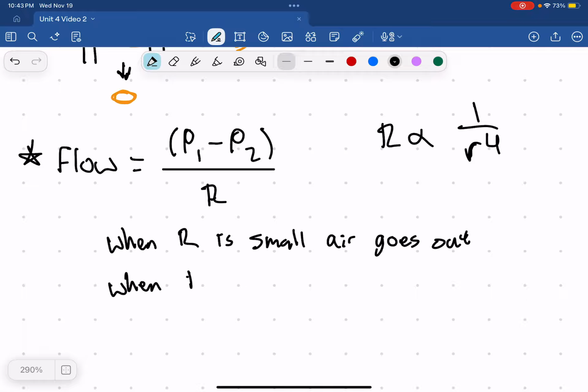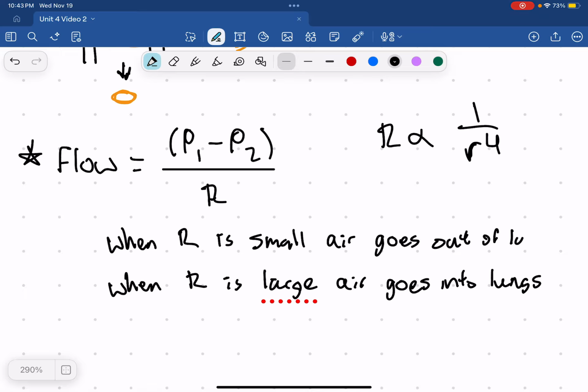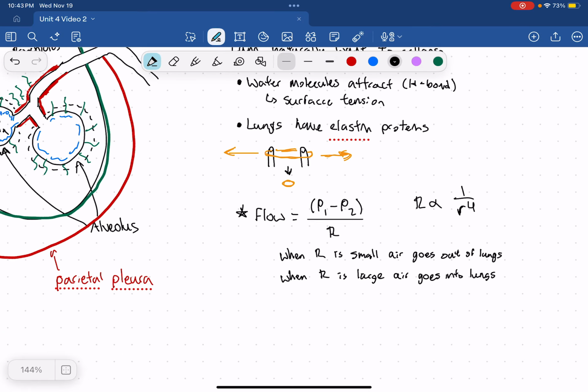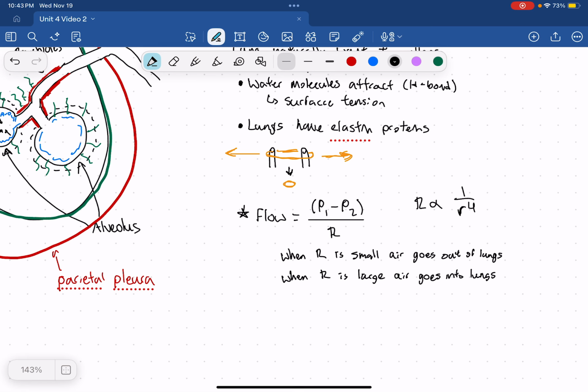When R is large, air wants to go into the lungs. Yeah, that's important to understand.